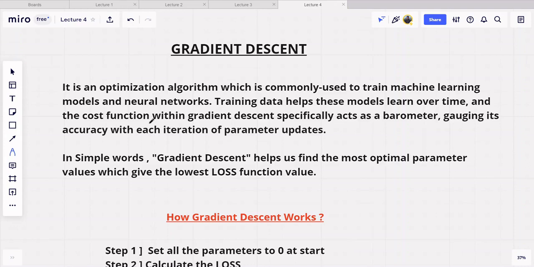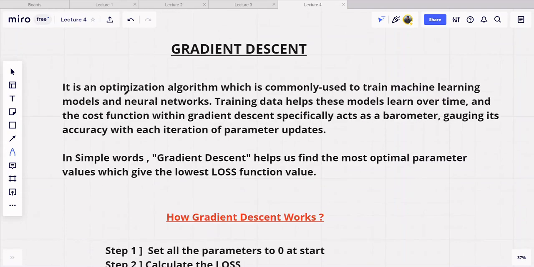The main thing this algorithm does is find the most optimal parameter values for us. In our case we have two parameters, M and C, so we can use gradient descent to find the most optimal values.